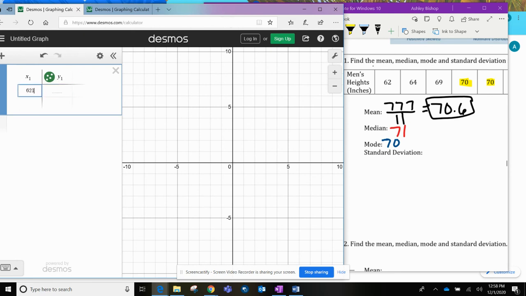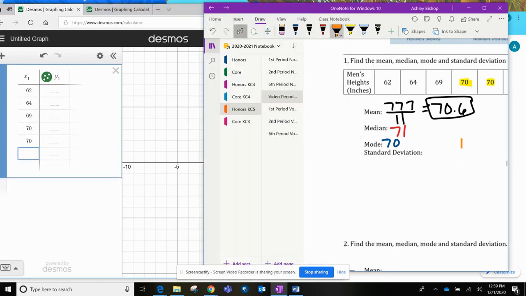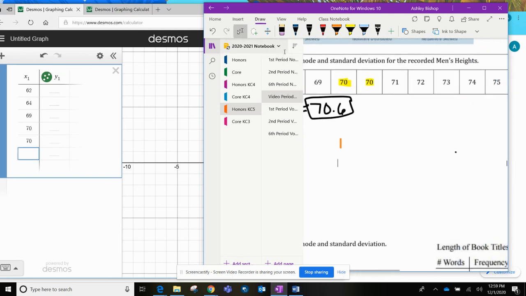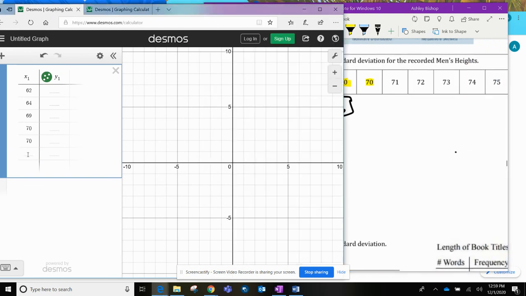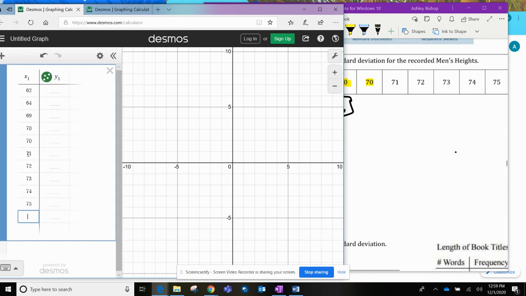So I have 62, enter, 64, enter, 69, 70, 70, and then let me move this over, 71, 72, 73, 74, 75, and 77. And then I'm just going to double check and make sure that I have 11 numbers here because that's what I should have. 1, 2, 3, 4, 5, 6, 7, 8, 9, 10, and 11.